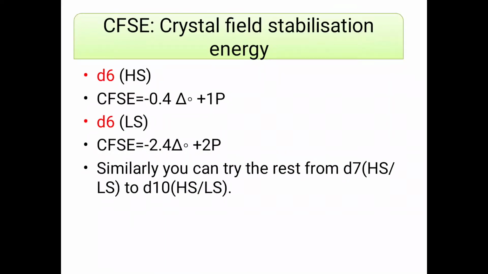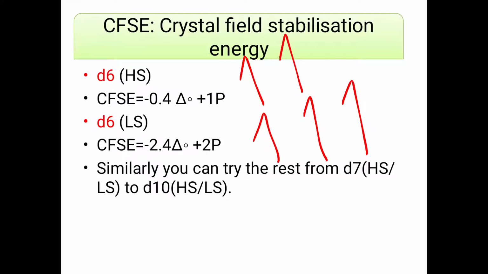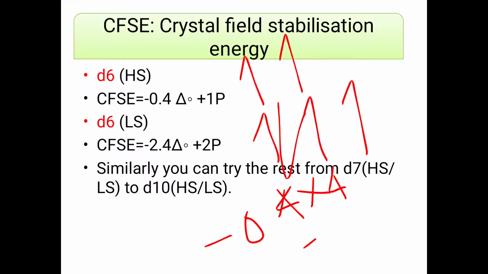D6 high spin, you should do the same thing. For D6 high spin, the first 5 electrons go on top, 1, 2, 3, 4, 5. The 6th electron comes down. So your CFSE will become minus 0.4 into 4 plus 0.6 into, how many went on top? 2.